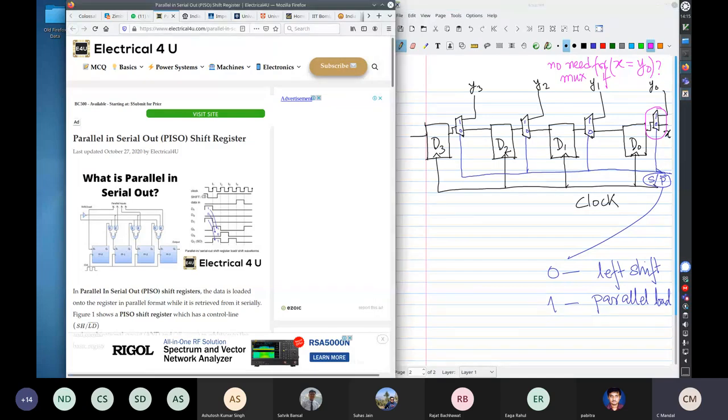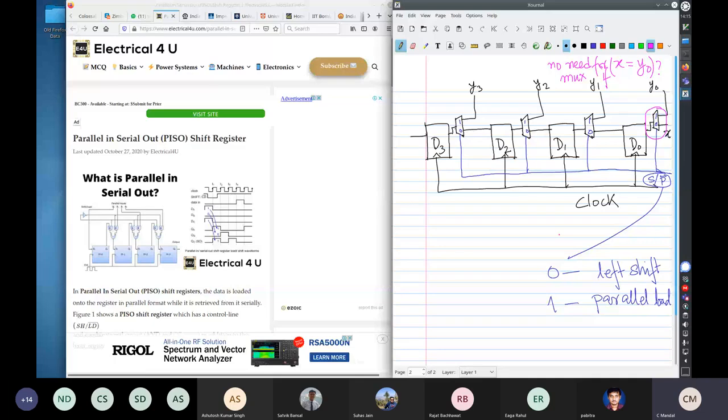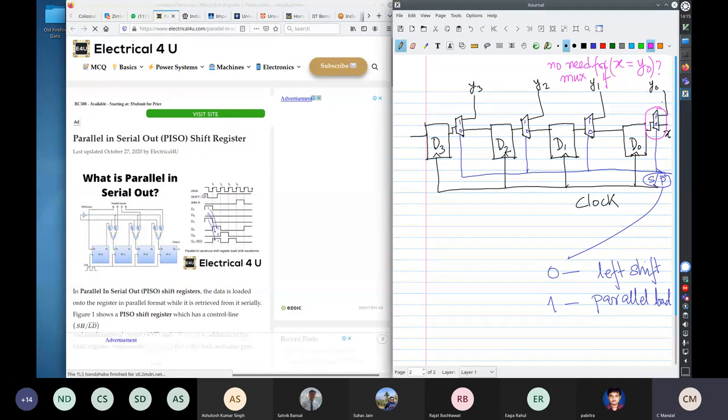There is no multiplexer at the leftmost and at the input. So it depends. If y0 is always equal to x, then you don't need this multiplexer. But if these are different, then you need this multiplexer. So this is parallel shift, which you call a PISO. Parallel.